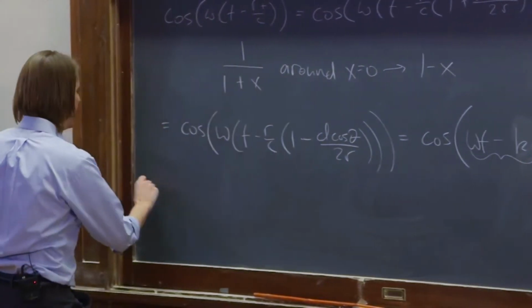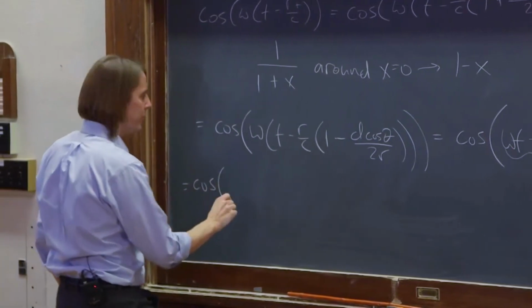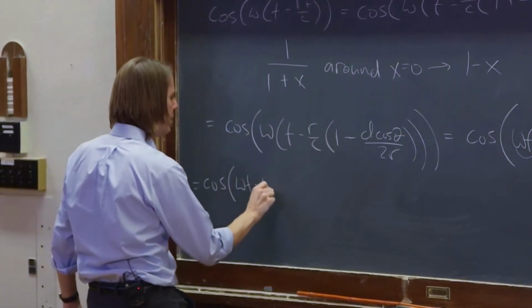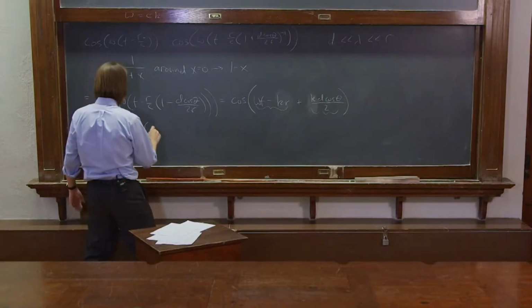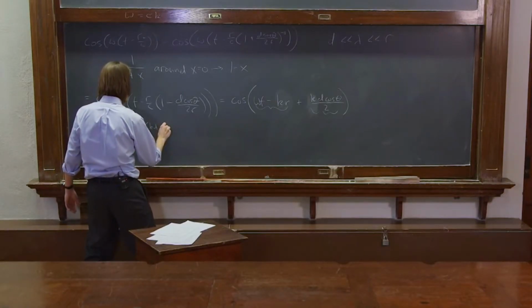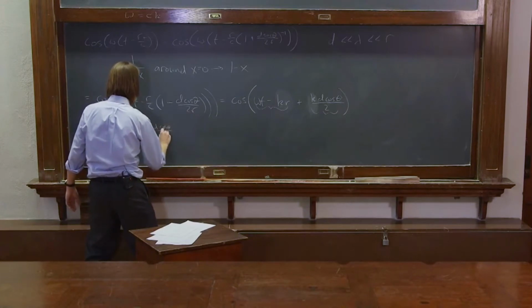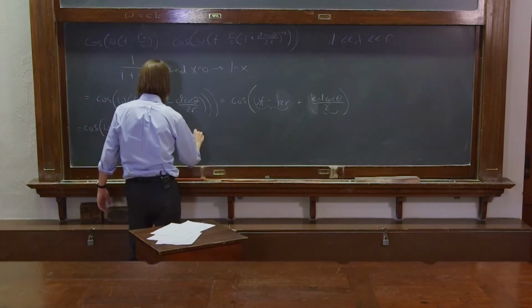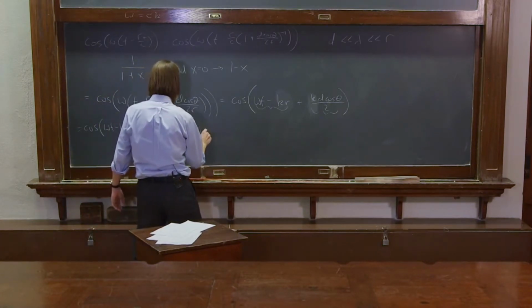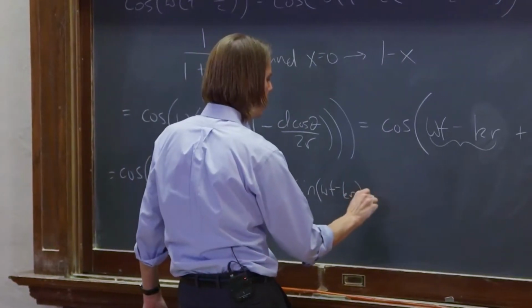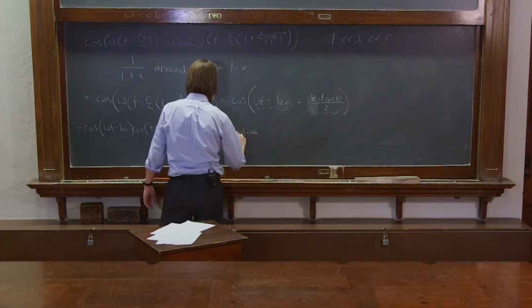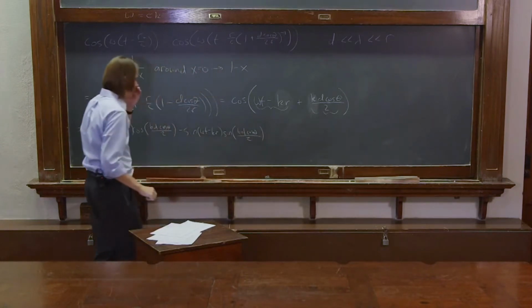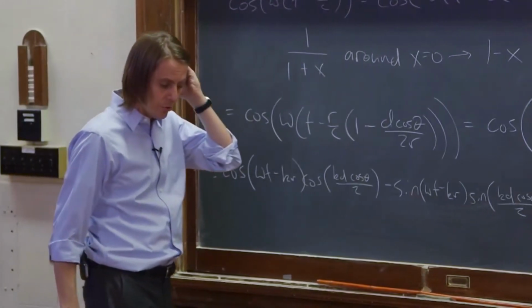So it would be cosine of omega t minus kr times the cosine of kd cosine theta over 2, minus the sine of omega t minus kr times the sine of kd cosine theta over 2. All those terms.